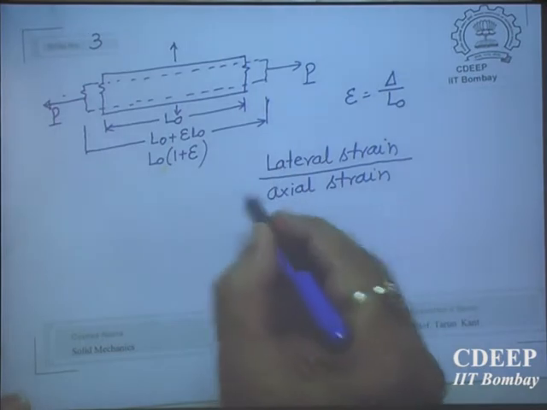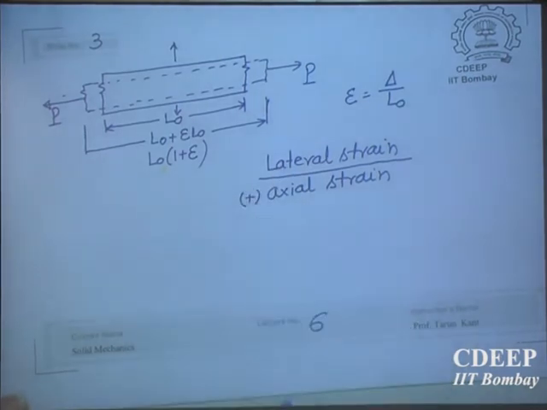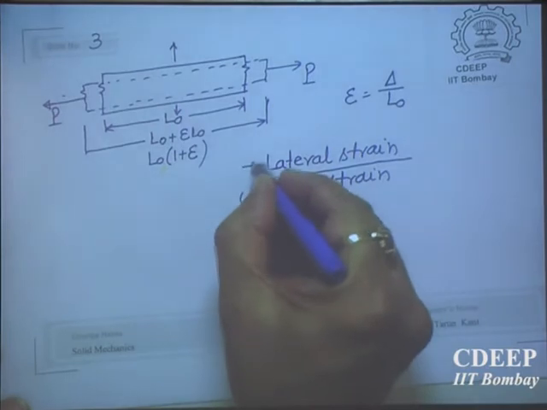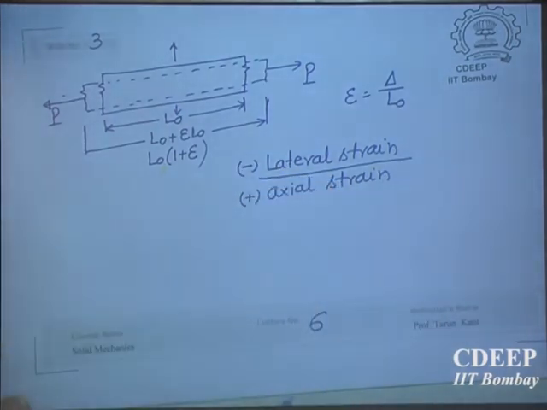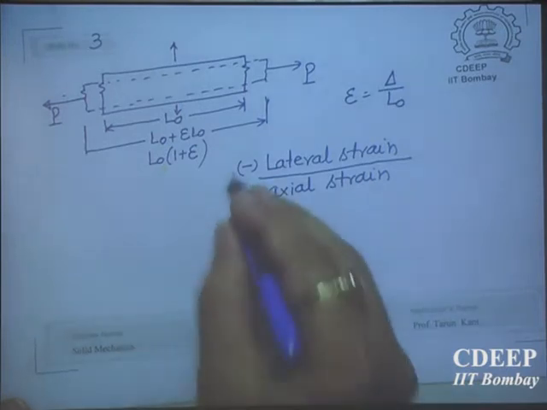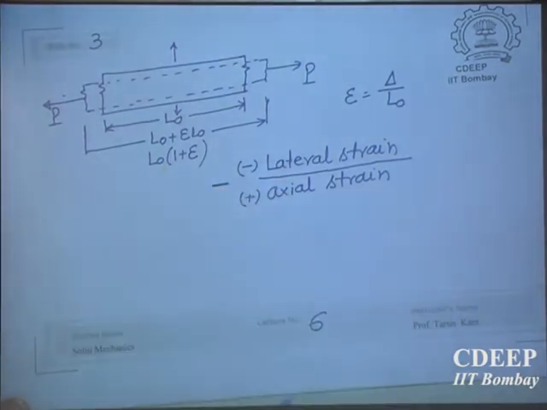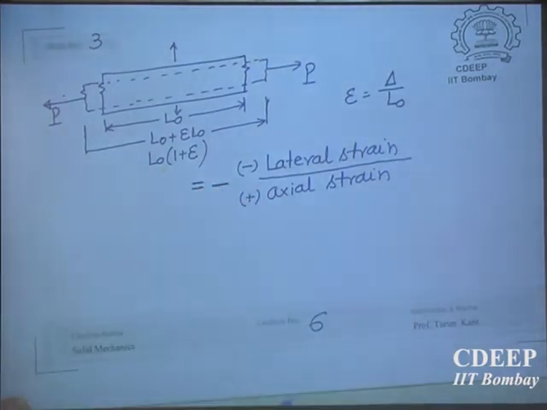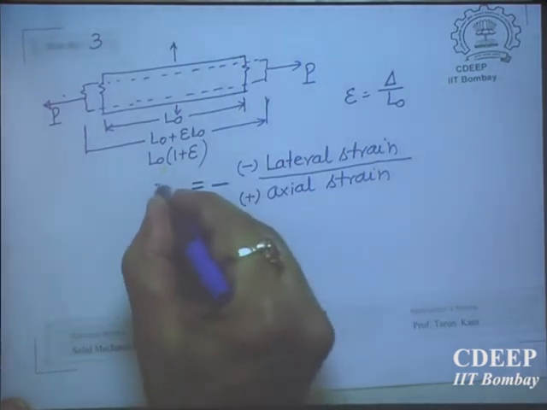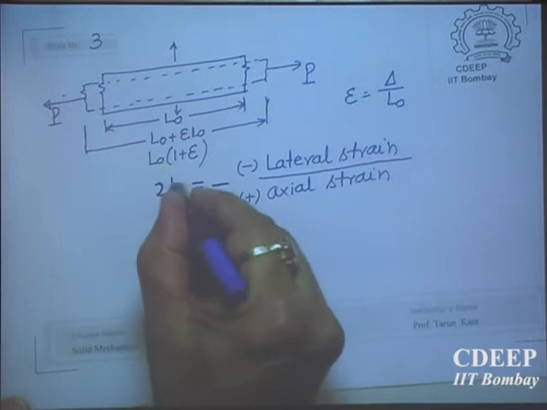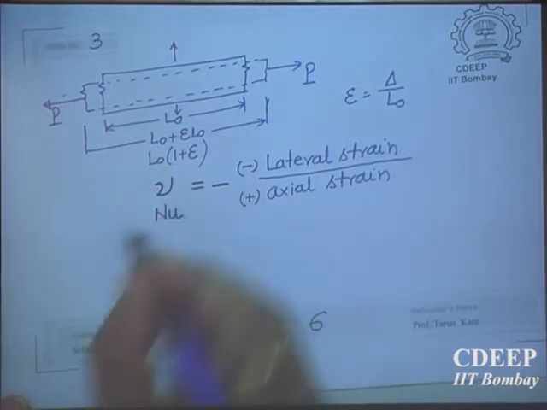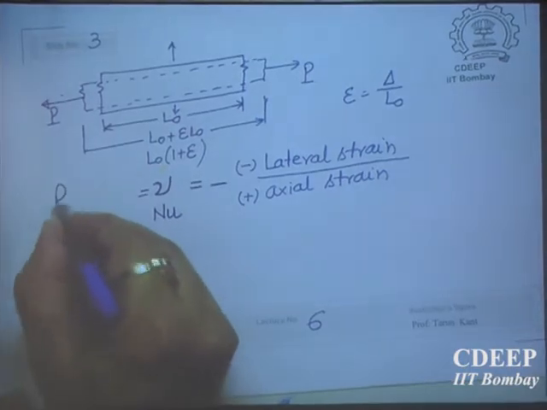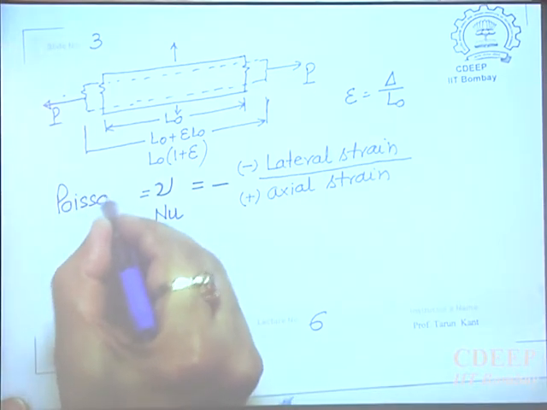Now this will be positive if you have applied a tensile load, so the longitudinal strain is positive, and the lateral strain will become negative. Is it not? Why negative? Because it is contracting. Signs you have to take properly. Negative divided by positive is negative, and this, for the linear material in the linear zone, will be a constant, and we denote it by the symbol nu, and we call this Poisson's ratio.